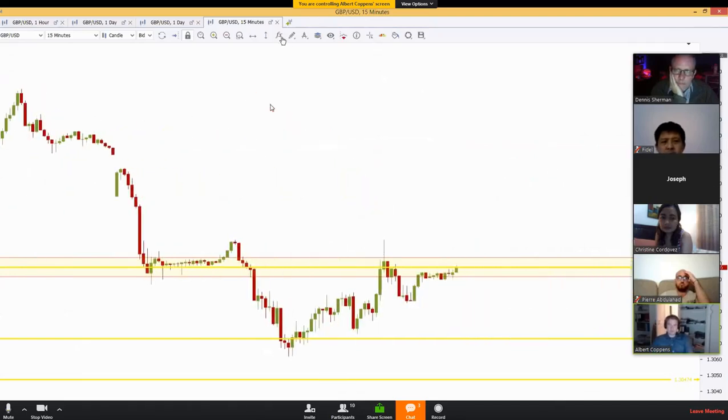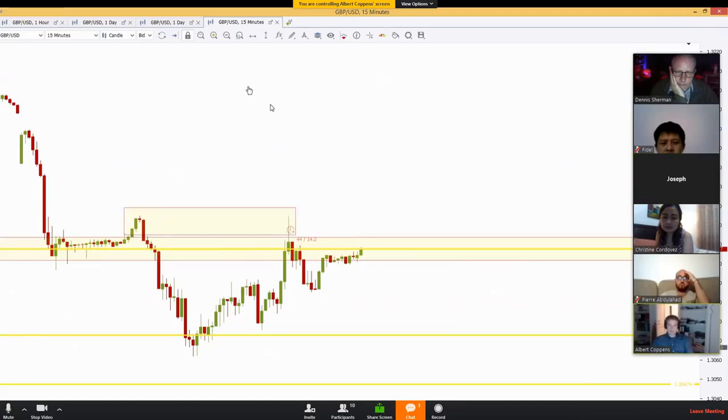This one is the fill of this one, right? Because this one got filled, so we are clear on this one. But this gap, let me triangle it. This gap is not filled, right? Yes.